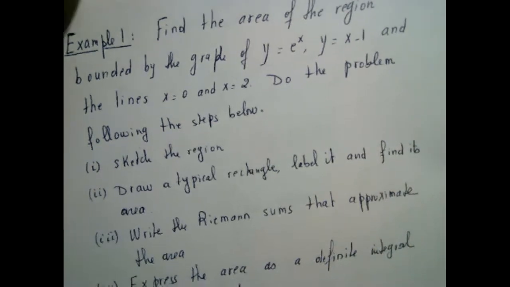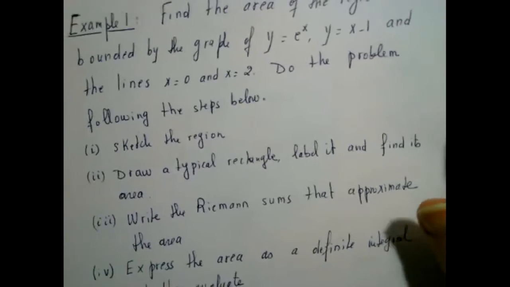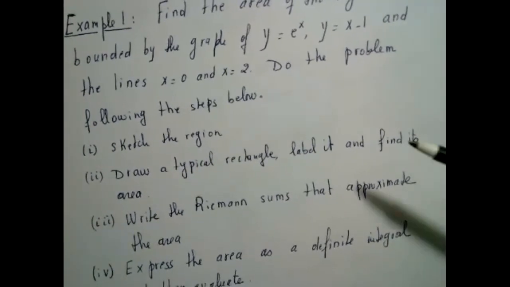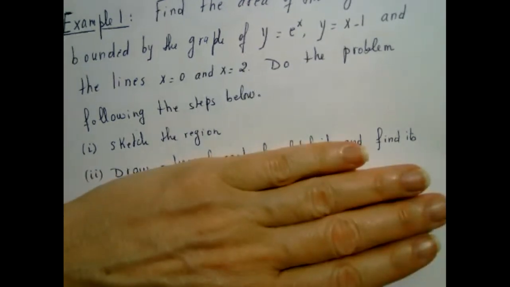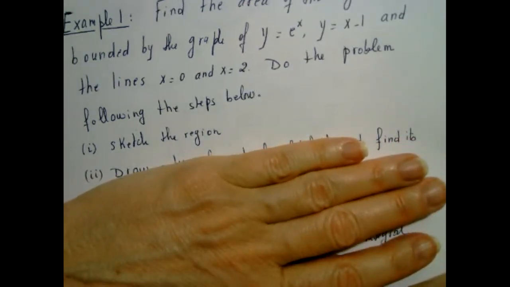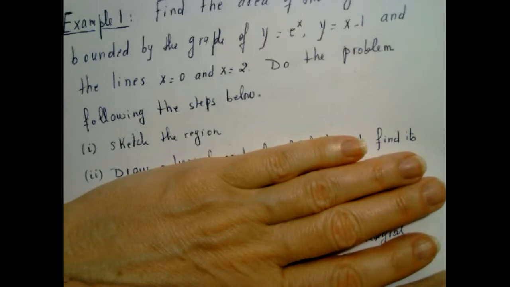Okay. So we want to find the area, but I want you to find it by following the steps. Sketch the region. Is sketching the region necessary? Yes or no? No. Not really. Why? Because we already have the equations. Which is the top, which is the bottom?